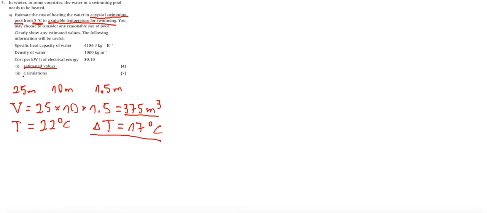What we have to find is the cost of heating the water. So first of all, calculate the amount of thermal energy needed to do this. It is specific heat capacity times mass times delta T. Specific heat capacity is given as 4186 in standard units, times mass.